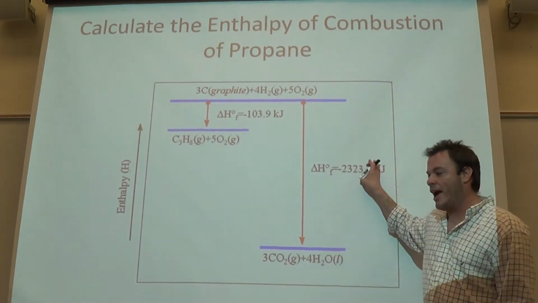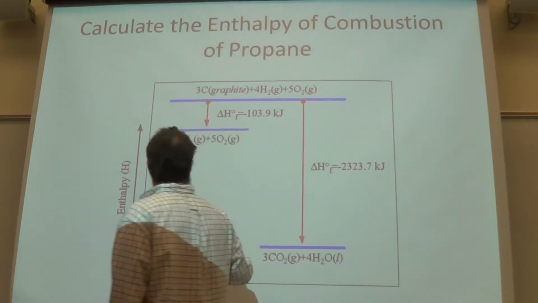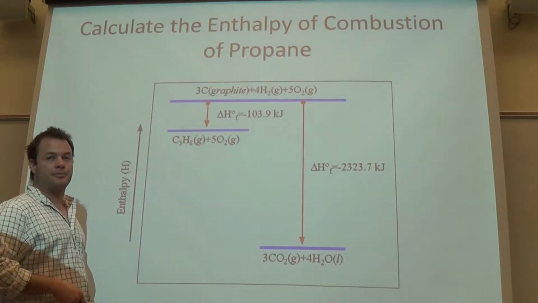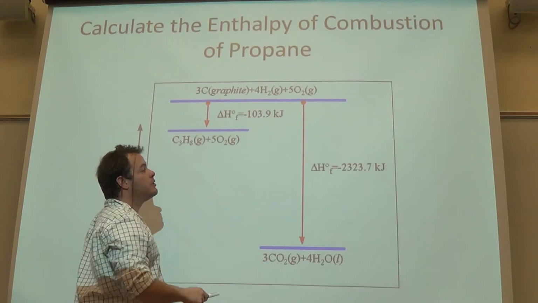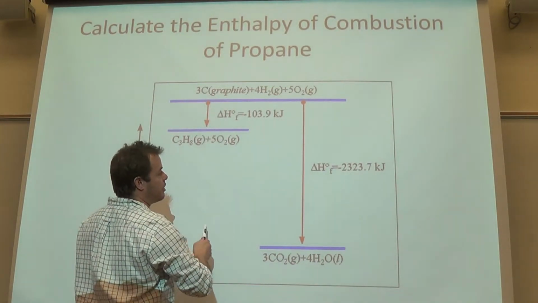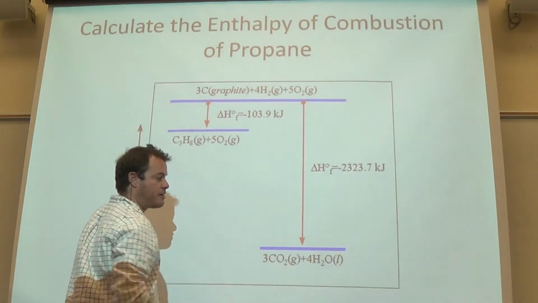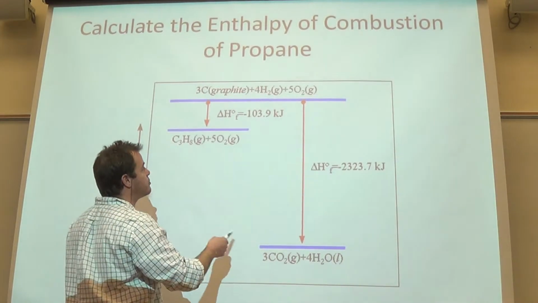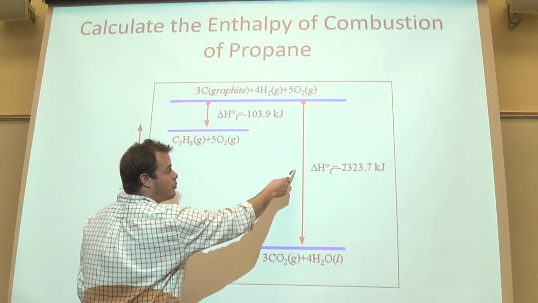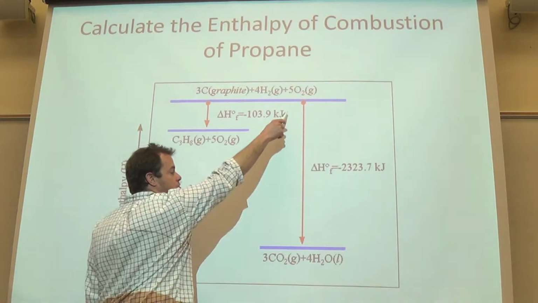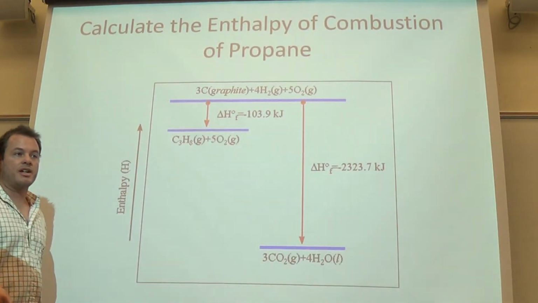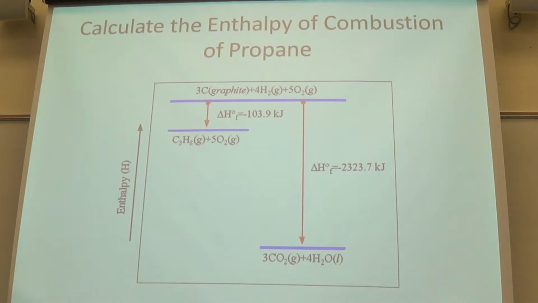It's already kind of added together for you. But the point here is that relative to this energetic altitude, formation of 3 moles of carbon dioxide and 4 moles of water releases 2,323 kilojoules of heat.